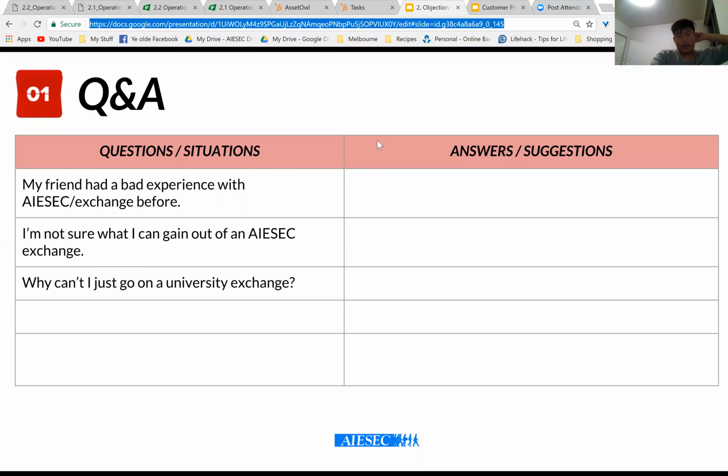So I'm not sure what I can gain out of an Isaac exchange. Has anyone ever had this come up before? Okay, well, no one has had this come up before. Oh, Bao. Yes, it has. Okay, well, what did you do in that case?